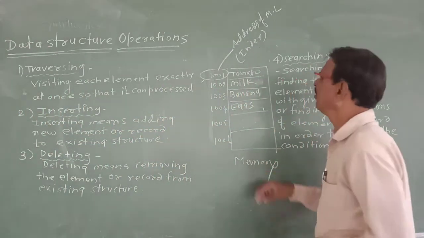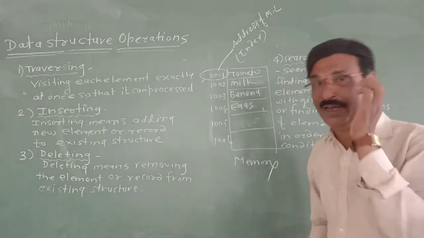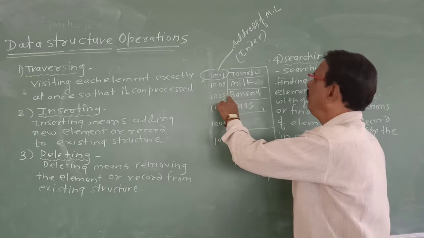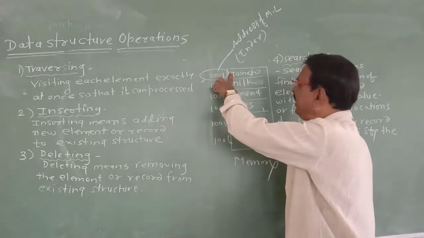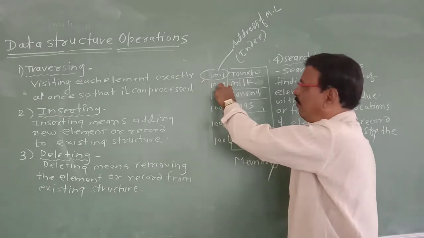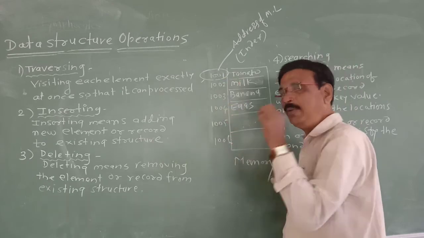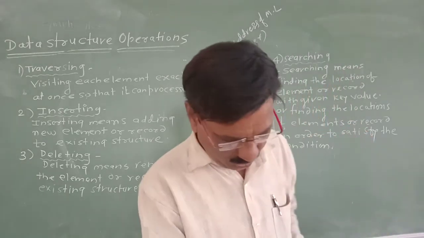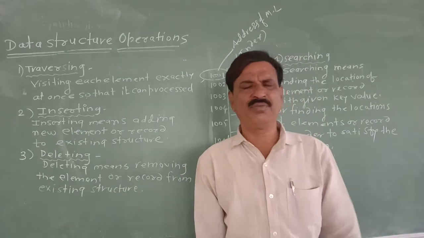Suppose a list is to be sorted alphabetically. So B will be first because A, B, C, D. Then E will be next. I, J, K, L, M. M, milk will be third. O, P, Q, R, S, T. T will be fourth.